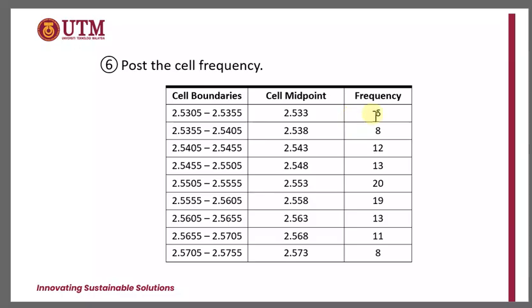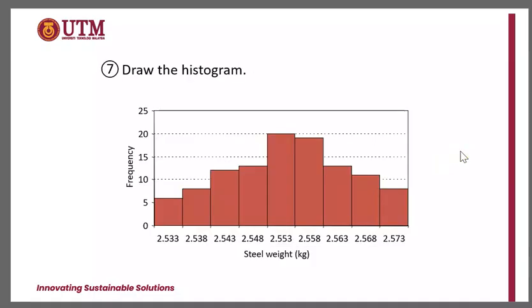The first one, its frequency is equal to 6. The second one is equal to 8, and so on. Now the first rectangle starts from 0 to 6, then complete the rectangle. And for the other one, 8, the third one 12, and so on for the whole numbers.